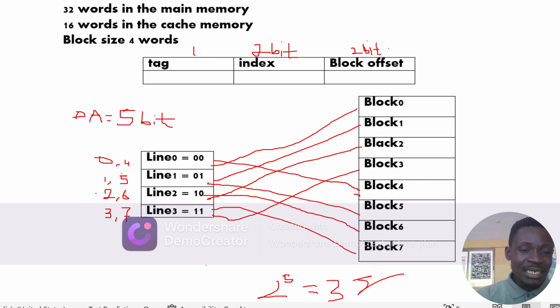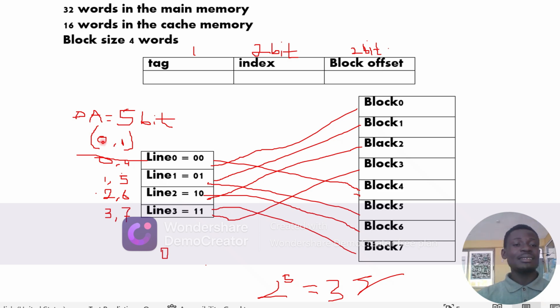So the byte will be either 0 or 1. Remember, all these are in binary. So this is the byte that we need.